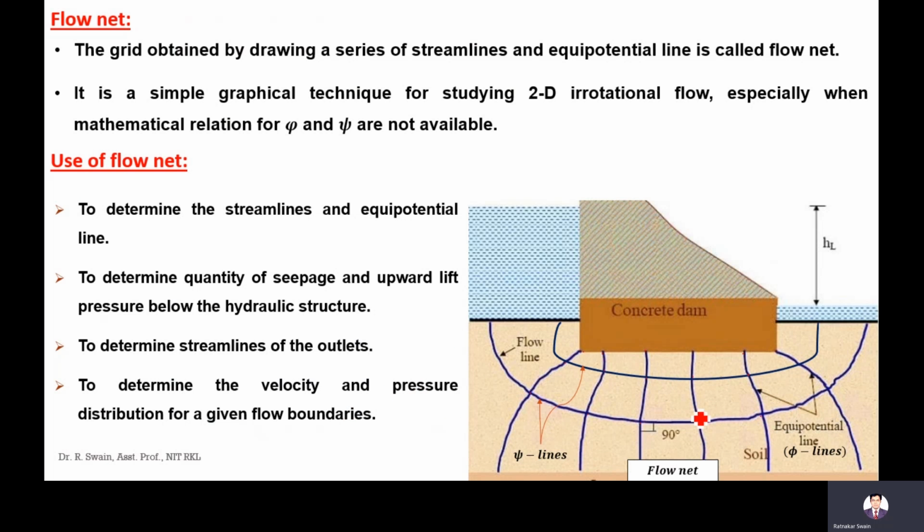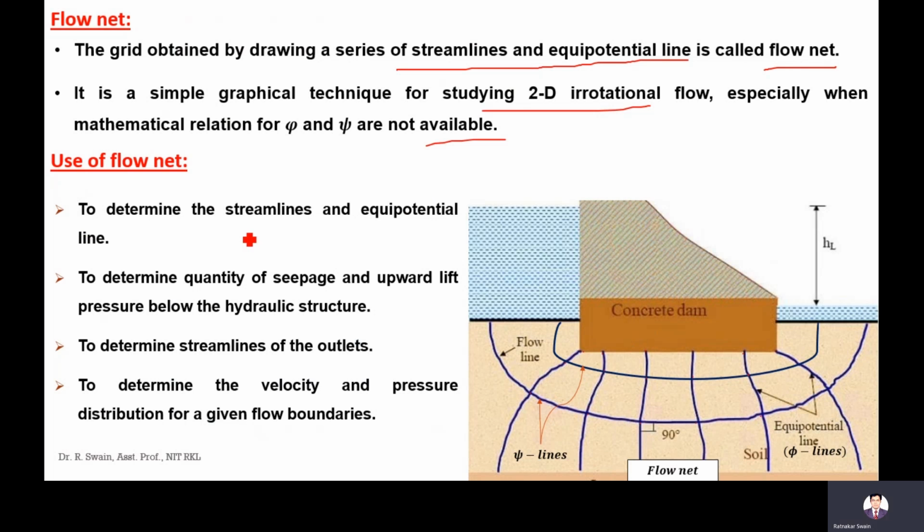This network, this grid obtained by drawing a series of streamlines and equipotential lines, is called a flow net. It is a simple graphical technique for studying 2D irrotational flow, especially when a mathematical relation for phi and psi is not available. When the phi psi relationship is not available, this graphical technique is used to analyze 2D irrotational flow.